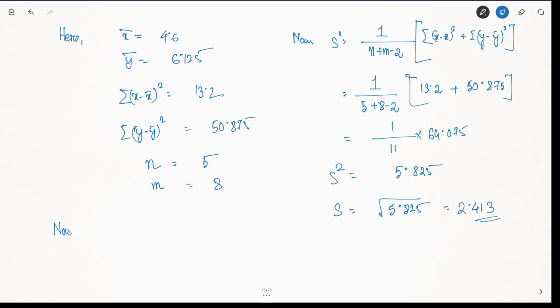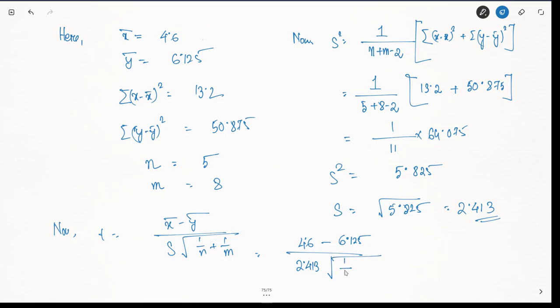So finally we will calculate t, which is equal to (x bar minus y bar) divided by s times root over (1 by n plus 1 by m), right? What is x bar? X bar is 4.6. What is y bar? 6.125. What is s? S is 2.413, root over 1 by 5 plus 1 by 8, because n is 5, m is 8.